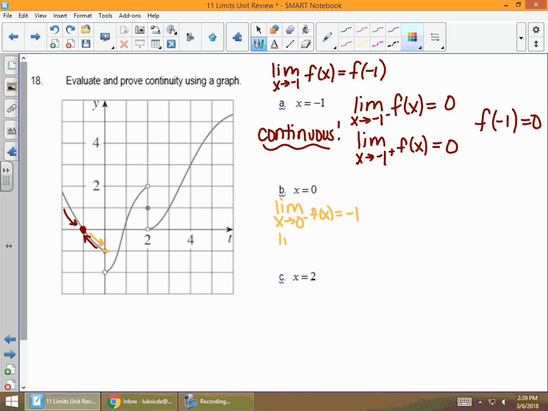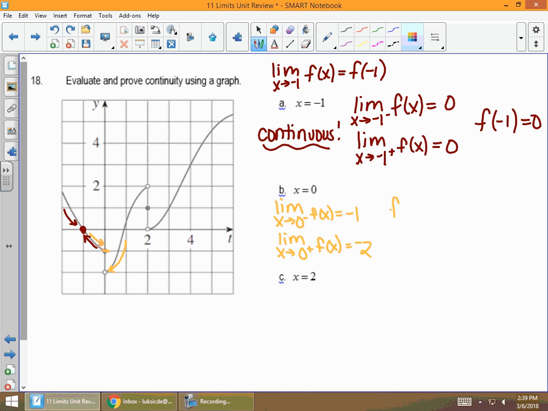The limit as x approaches 0 from the right of f of x, let's look at our guy from the right. From the right, it's this curve, and it's going to -2. So that two-sided limit does not exist.